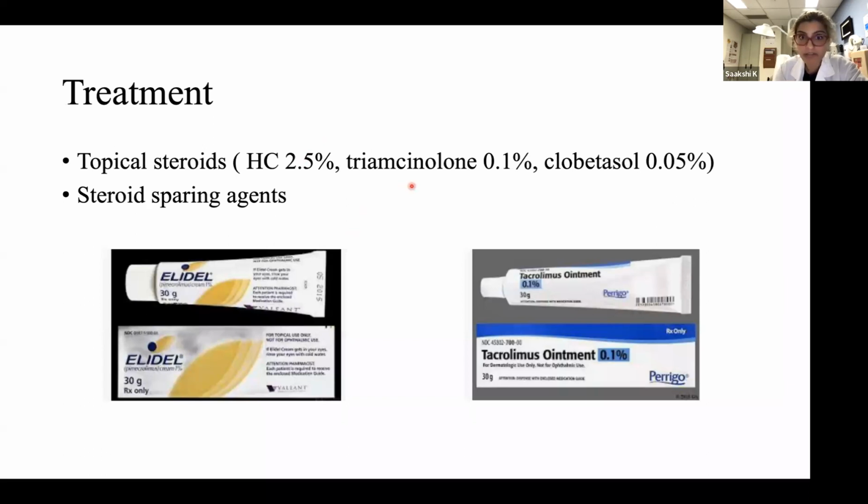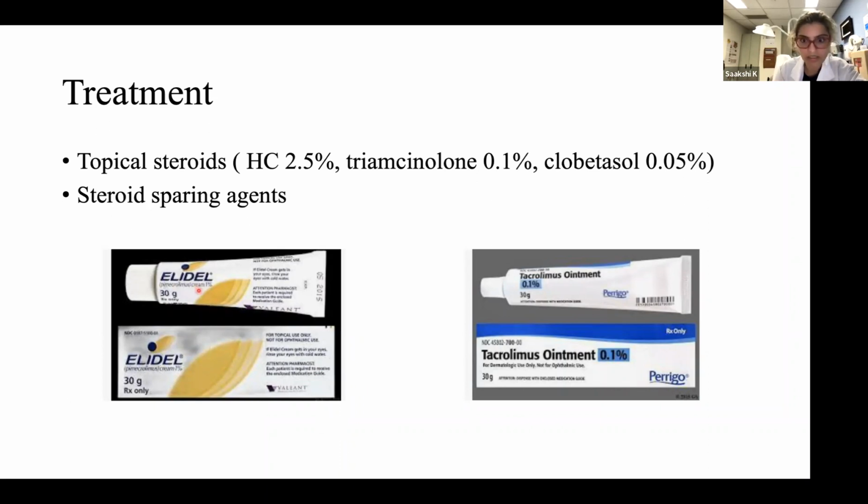So obviously steroids are first line for eczema, but then we also have steroid sparing agents. And this is where it might get a little tricky for you guys, because depending on the kind of insurance a patient has, they might need prior authorization. But again, if you're being adventurous or you want to treat your patient just because they're there or they can't see a dermatologist for like 3 months, then you can move to a steroid sparing agent.